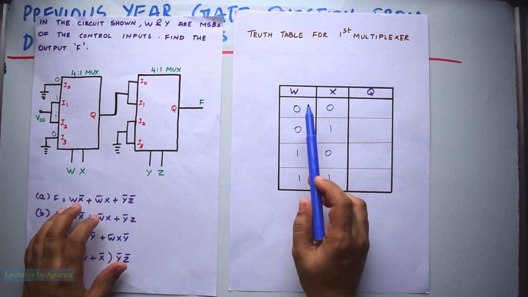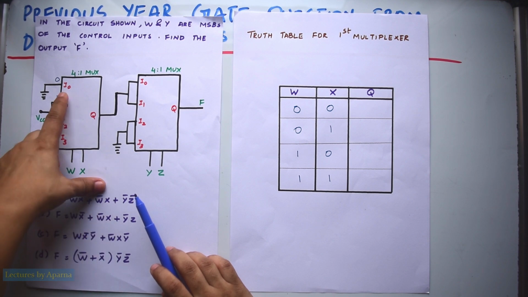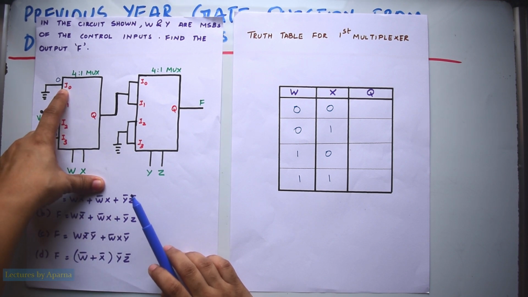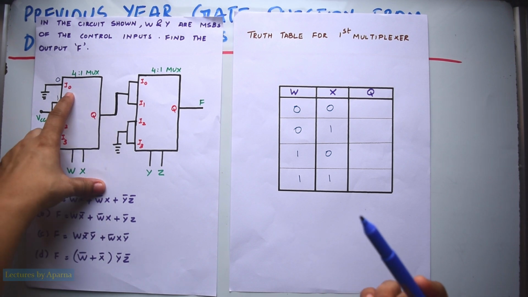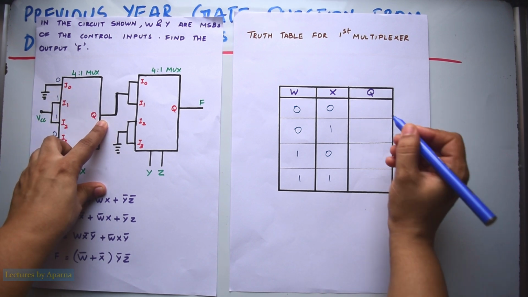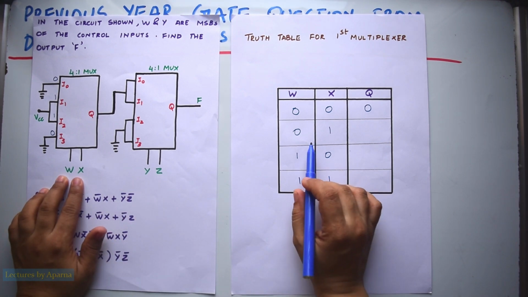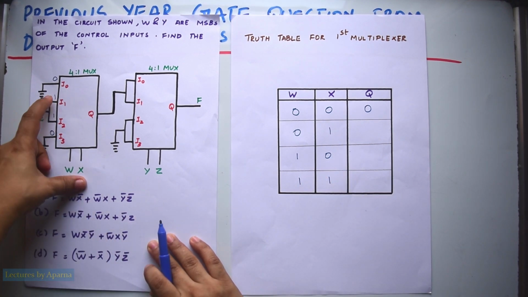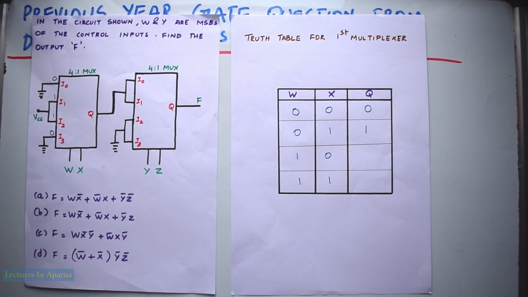Now when the first combination 0, 0 comes at the control input, the input I0, whatever value comes at I0, that will appear at the output. So here at I0 it is 0, so a 0 will come at the output. Now when WX is 0, 1, I1 will be selected and this 1 will come at the output. So we get 1 here.